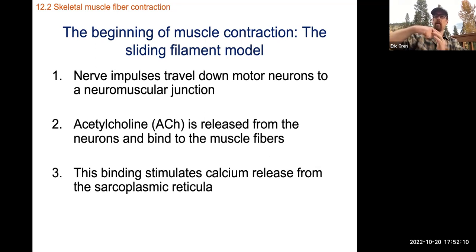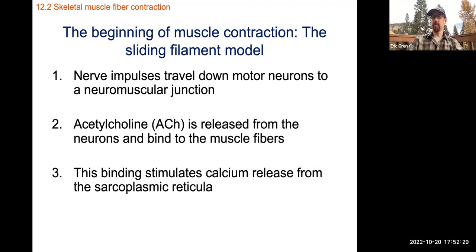On the end of my nerve, there's a bunch of little vesicles. We call them synaptic vesicles because they are going to release their contents into what's called the synapse, that gap between the neuron and the muscle cell, okay?